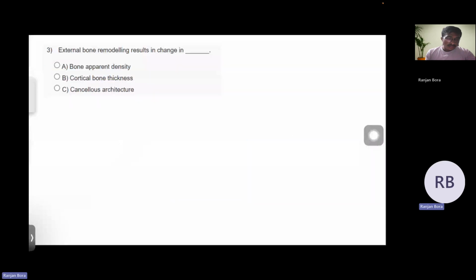Coming to the next question: external bone remodeling results in change in. We have just seen it in the previous slide. External bone remodeling results in change in cortical bone thickness. Option B is correct.